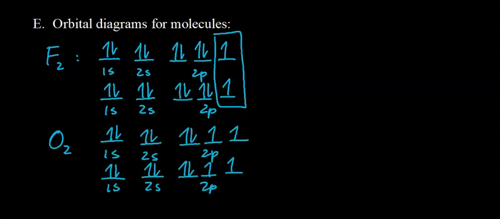So we see that each oxygen atom has 6 valence electrons. Each oxygen atom, in order to become stable, needs to gain 2 more electrons. So how does this happen? Well, in this situation, the oxygens will share 2 pairs of electrons.